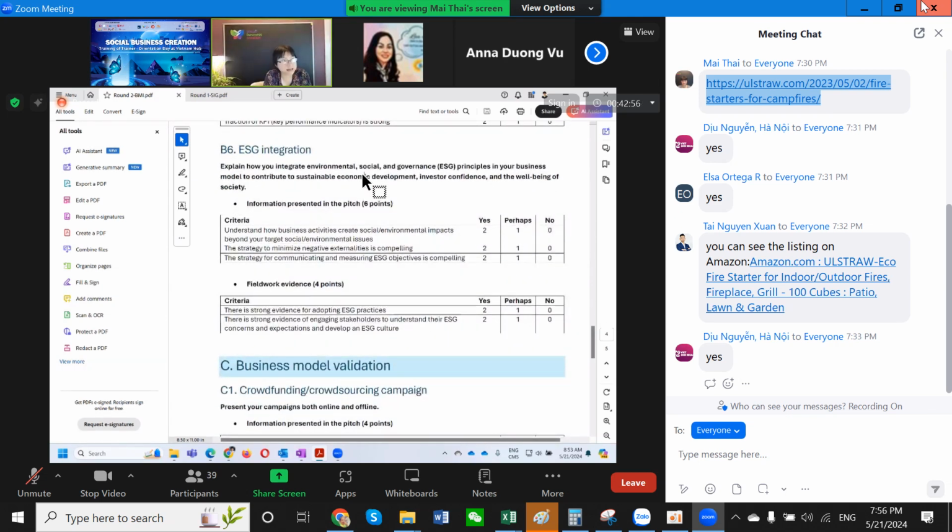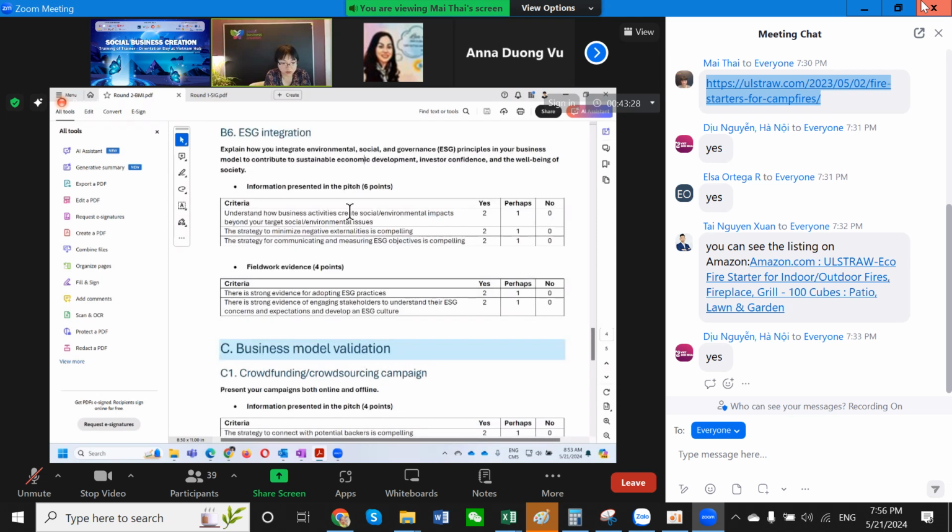I gave you an example of our previous contestant, where he wanted to sell protein made of insects. So his initial idea was to use crickets as a protein source, because so many scientific articles talk about the quality of protein from crickets. But then we asked him to think beyond his own target issues, and then we asked him to go out and talk to the stakeholders.